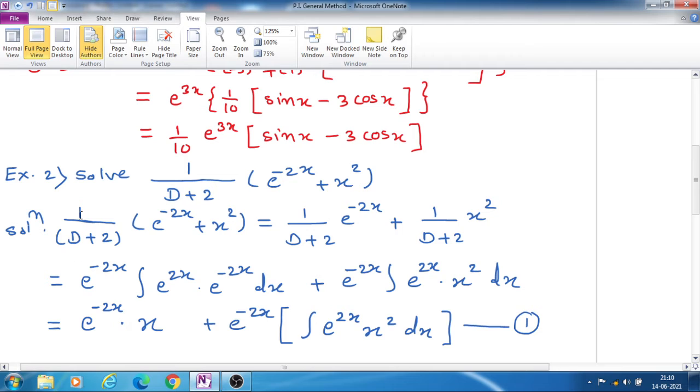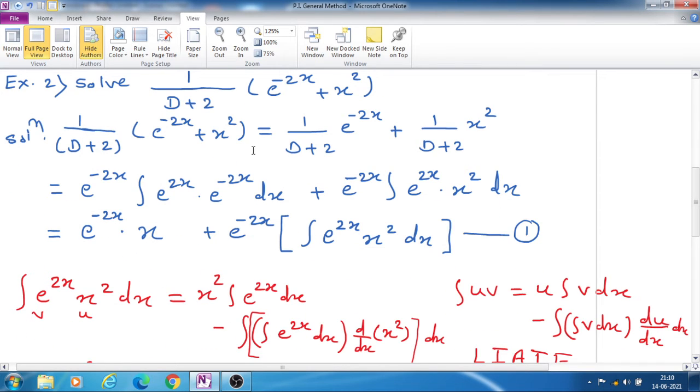So we have to operate this 1 upon D plus 2 on both the terms. So we separate these two terms. Therefore this is equal to 1 upon D plus 2 into e raised to minus 2x plus 1 upon D plus 2 into x square. So here are two terms.